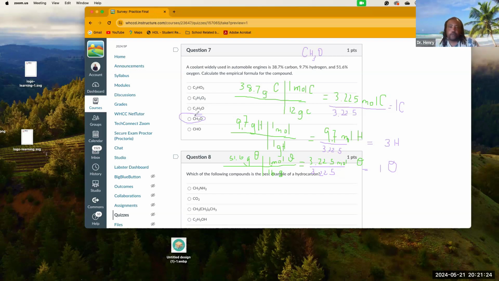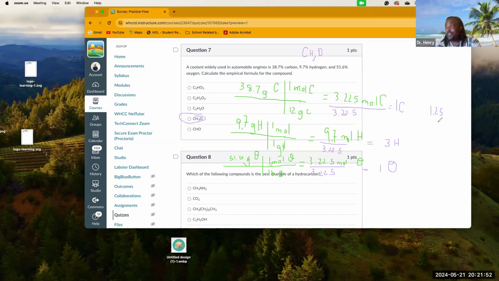Now, if our numbers aren't whole numbers when we do that division, then we may have to multiply them by something. So for instance, let's say that this guy was 1.25, right? In this case, we would try to multiply it by something that's going to make it a whole number.